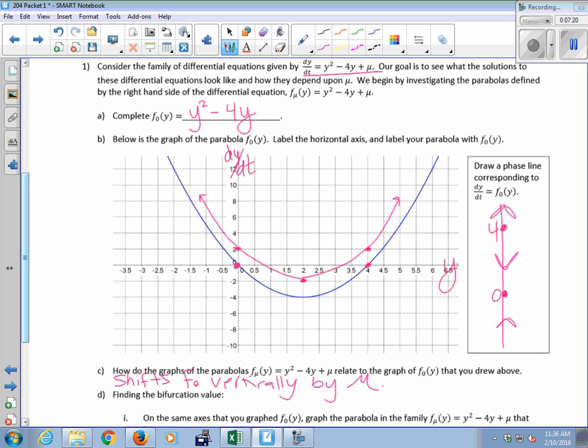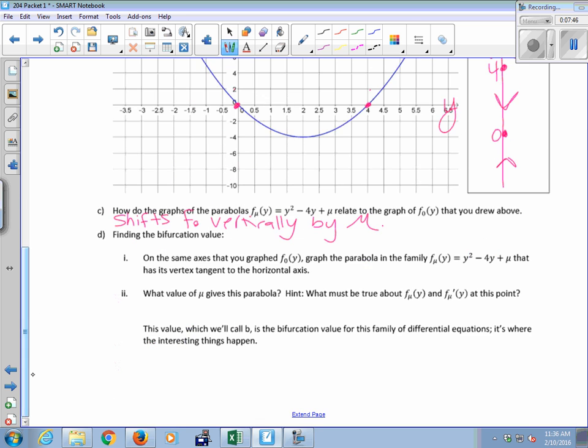Oh, you're right. Thank you. If I shift up by 4, I'm going to have a very different phase line because all of a sudden I'm going to have only one equilibrium point. That is what we call a bifurcation value, when all of a sudden the phase line looks completely different than it did before.